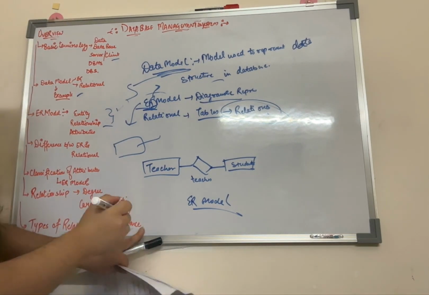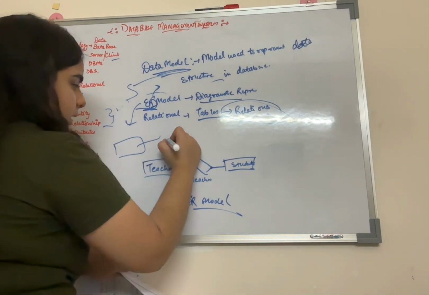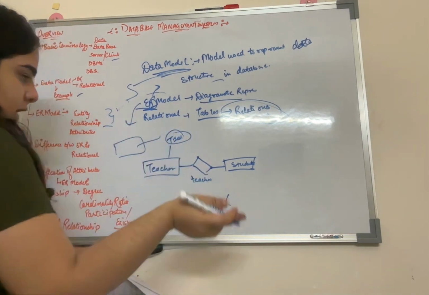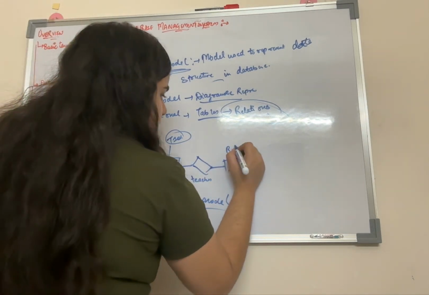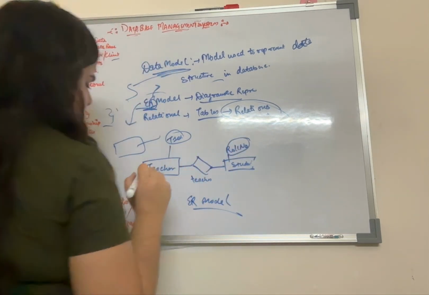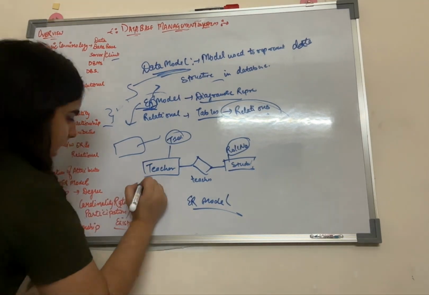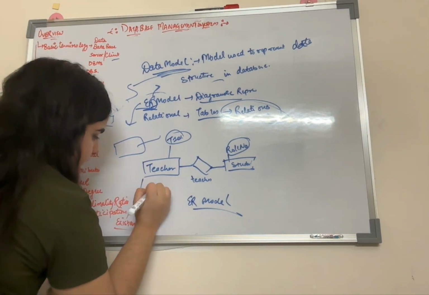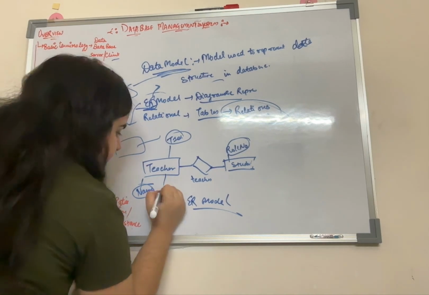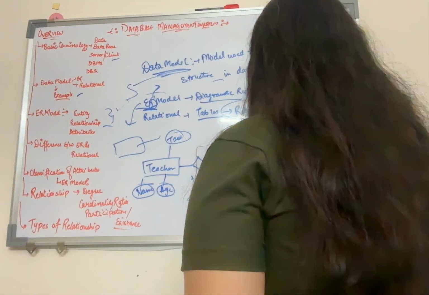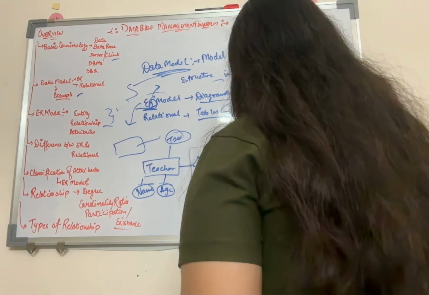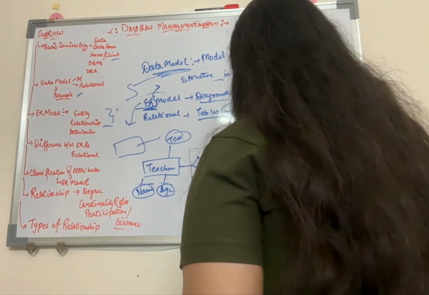This is the ER model. What you need to know is the teacher's ID, I mean the joining ID that the teacher has. Similarly, student will have roll number, or student ID also you can say. And teacher will have name and age. Now student will also have name and age.